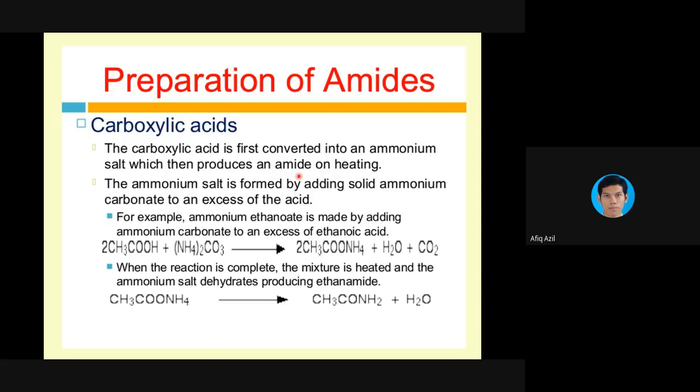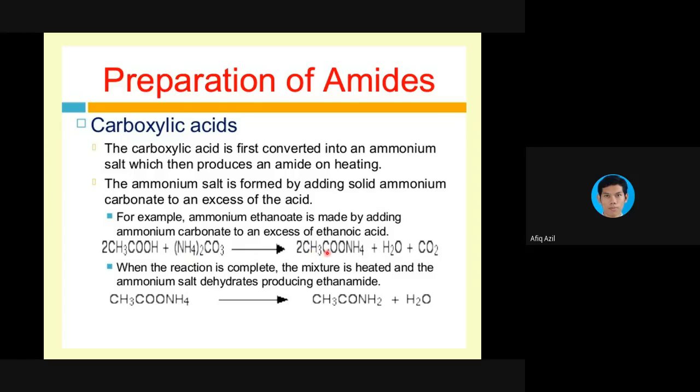An amide is basically when you replace the OH group with an amino group, NH2. So example over here, we have ethanoic acid, which is going to be mixed together with ammonium carbonate. It will thus form this intermediate structure.